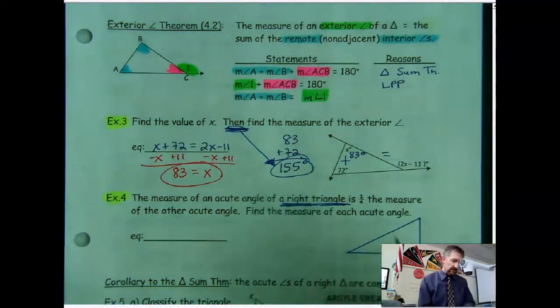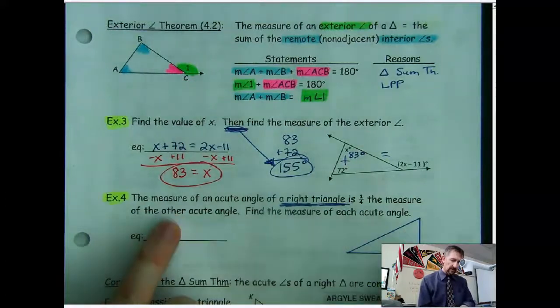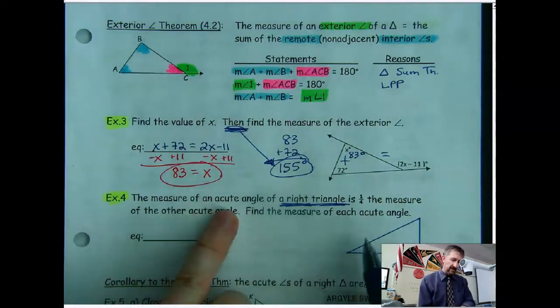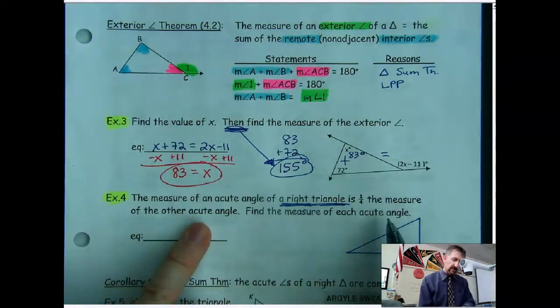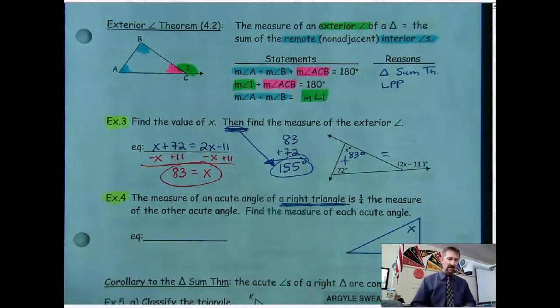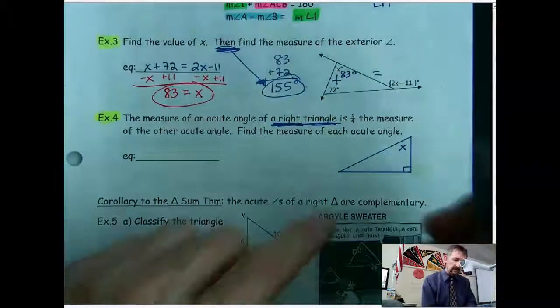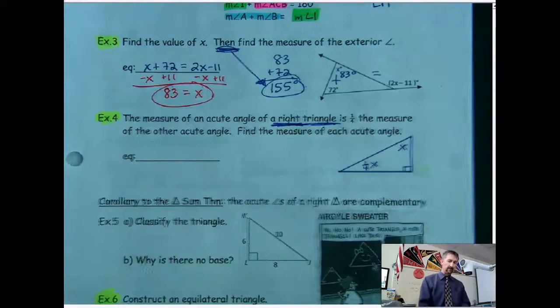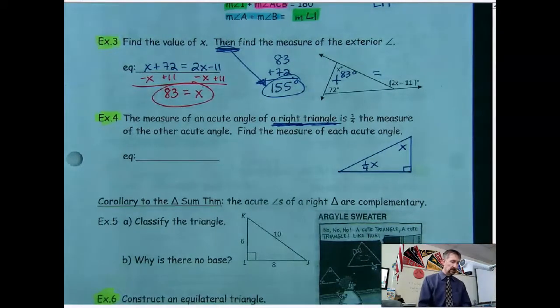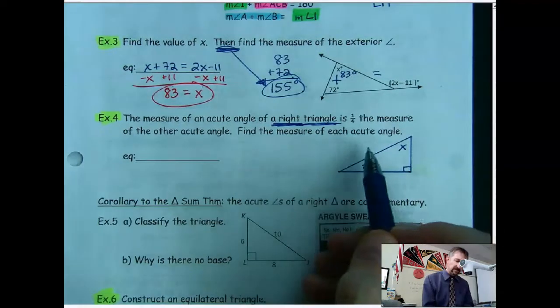So the measure of an acute angle, both these angles are acute, is 1/4 the measure of the other acute angle. So one of the angles is going to be x, and the other one is going to be 1/4 of x.